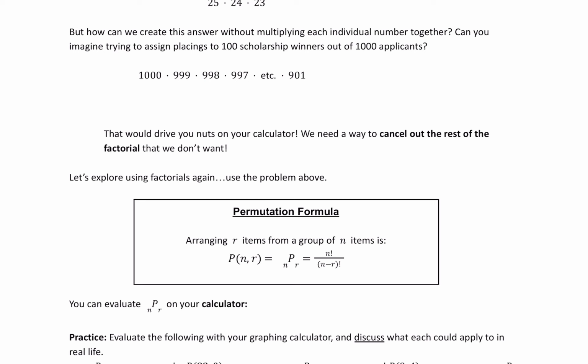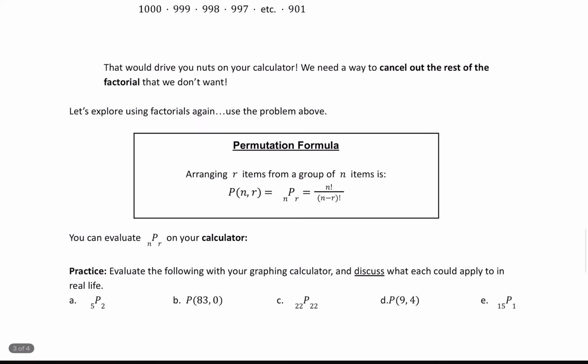Now there's also a permutation button in your calculator. So for this, we need an N and an R. So we're arranging R items from a group of N items. So basically, if we've got a group of 10 people, that would be our N, and we're trying to choose 3 of them, that would be our R. So in your calculator, let's go to example A down here.